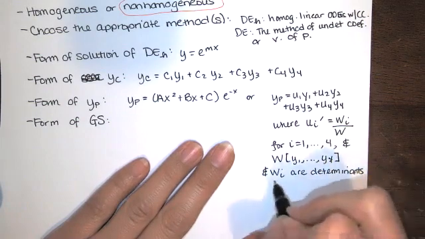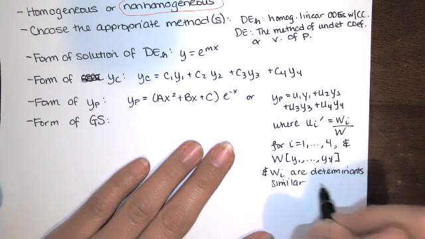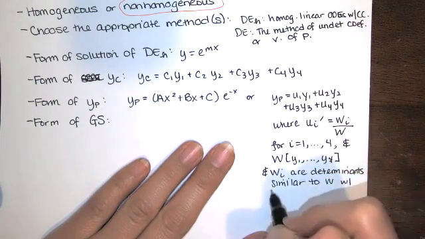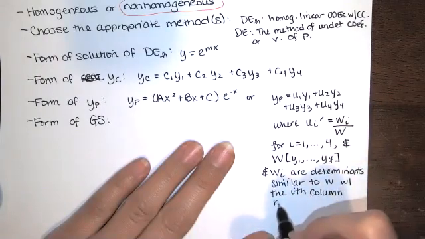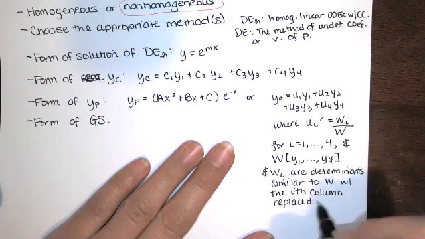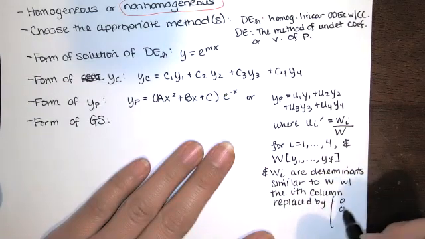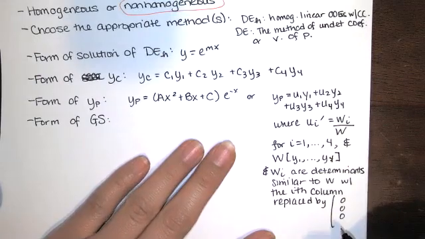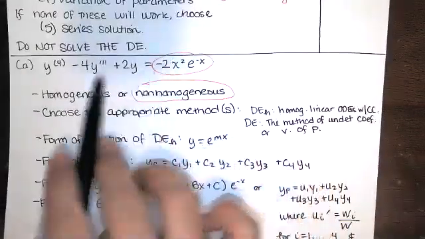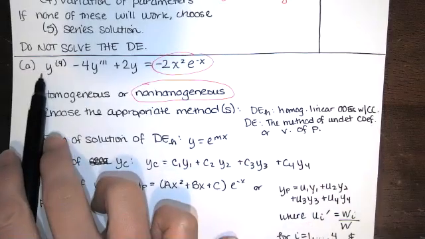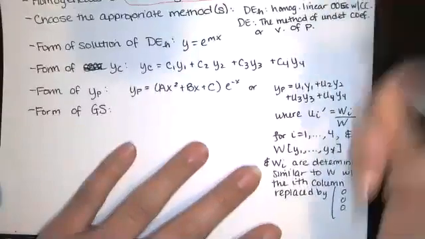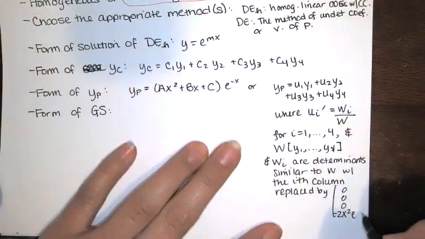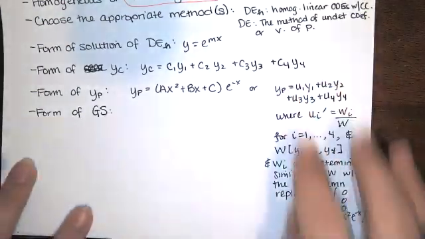They're determinants, similar to the Wronskian, with the ith column replaced by 0, 0, 0, and f of x, where f of x is the function on the right-hand side, but the leading coefficient is 1, and the leading coefficient is already 1. So f of x in this case is just the right-hand side, negative 2x squared times e to the negative x. So that is one way to do y sub p.